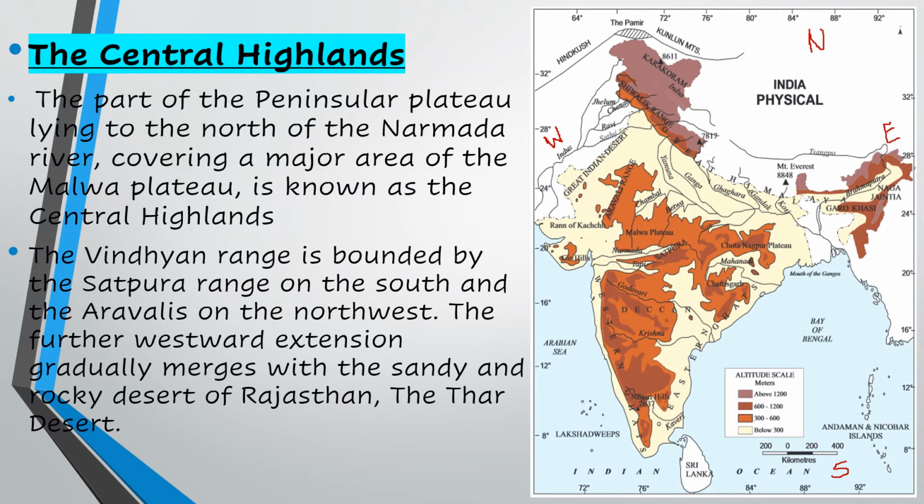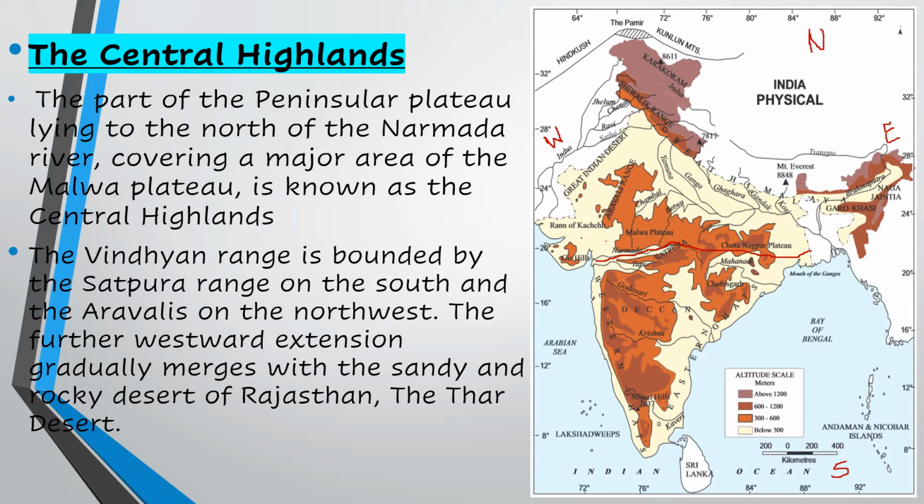So coming to the first part of the Peninsular Plateau, that is the Central Highlands, children. The part of the Peninsular Plateau lying to the north of the Narmada River. We all know that there is a rift formed. You can see this particular part, right? There is a rift that has been formed between the Central Highlands and the Deccan Plateau due to Narmada River.